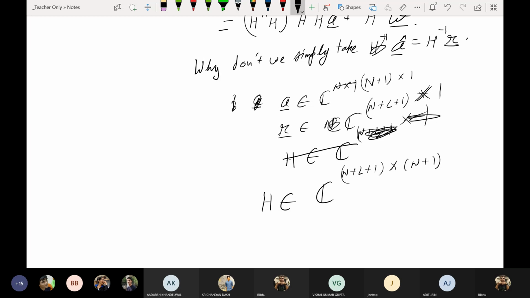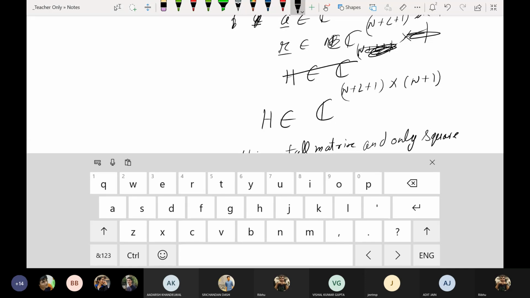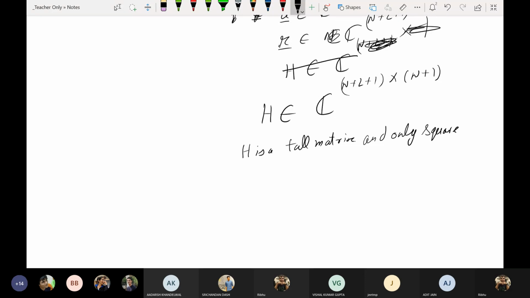So we can't calculate the inverse of H. Only square matrices are invertible. H is a tall matrix and only square matrices are invertible. Fine.